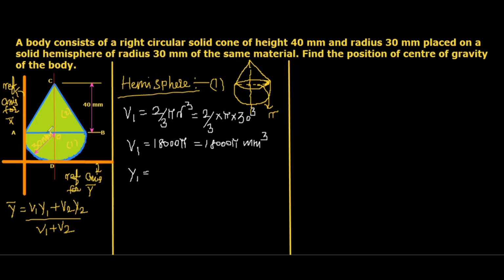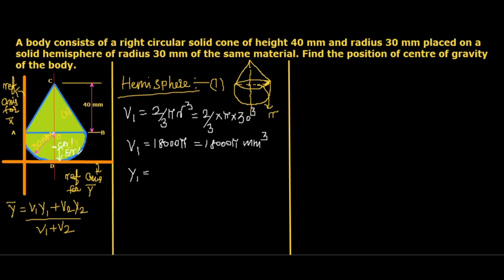the hemisphere, the formula, just refer to the video, an overview of center of gravity, which is given in the description box. So here, from the base to the CG1, the CG1 will lie on this vertical axis. For example, if it is here, CG1, from this base or the point O, that will be 3r by 8 the distance, or from the point D, that will be 5r by 8.